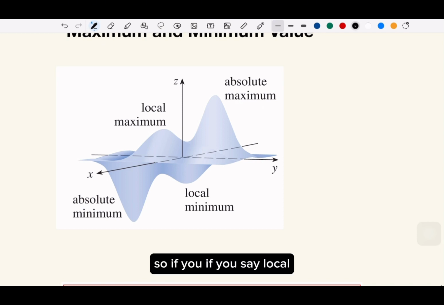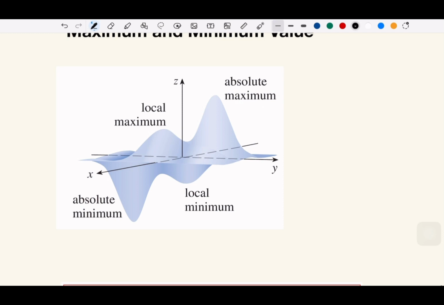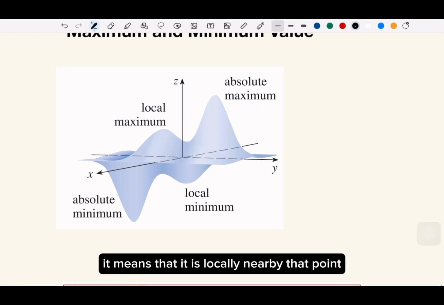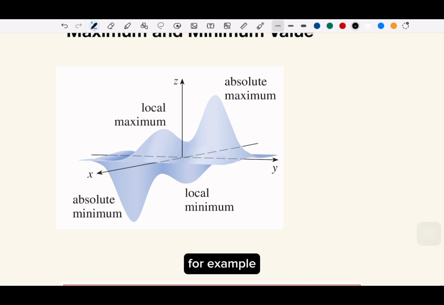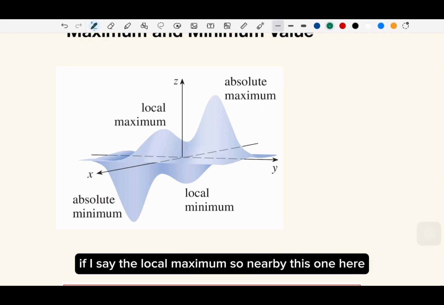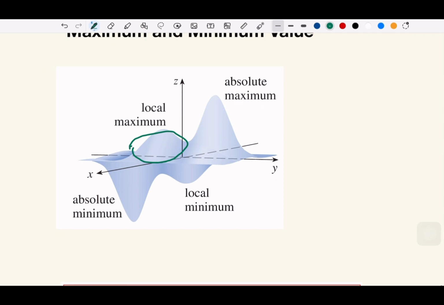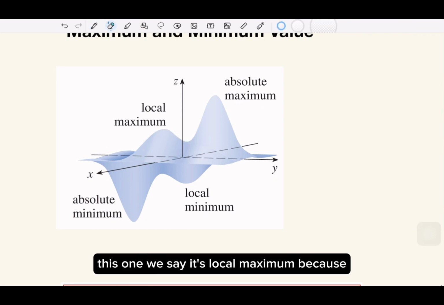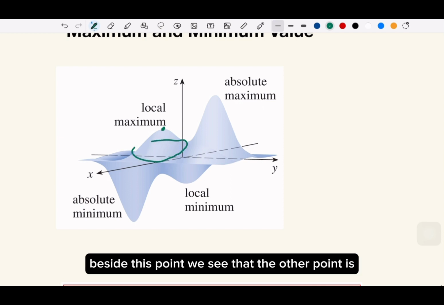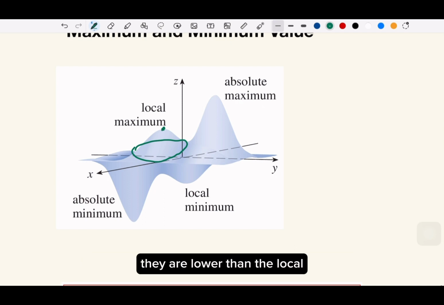So if you say local, it means that it is locally nearby that point. For example, if I say the local maximum, so nearby this point, the point on the top, we say it's local maximum because beside this point, we see that the other points are lower than the local max. Right?